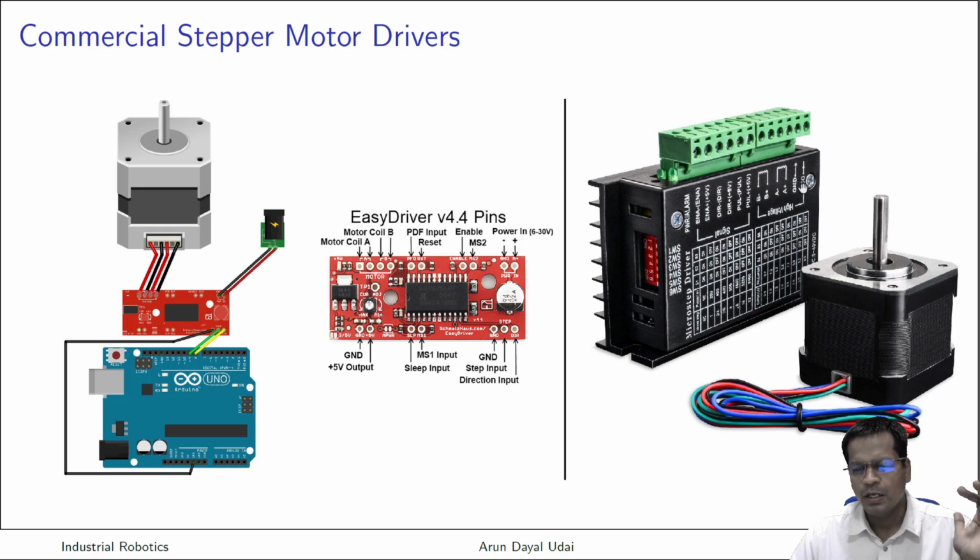There are different modes of communication which this type of driver supports, and they are rated for 24 volt as a logic signal. So they can be switched by PLCs also, not necessarily a microcontroller or a board like this. It can run with a PLC. It can control higher rated motors. Sometimes it can go as high as 110 or 220 volt stepper motors.